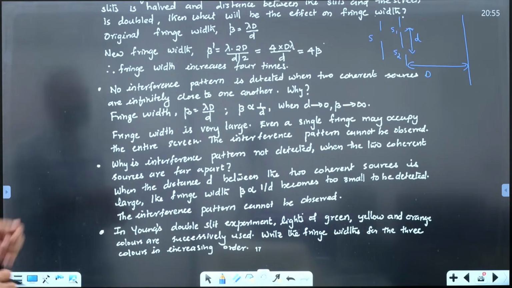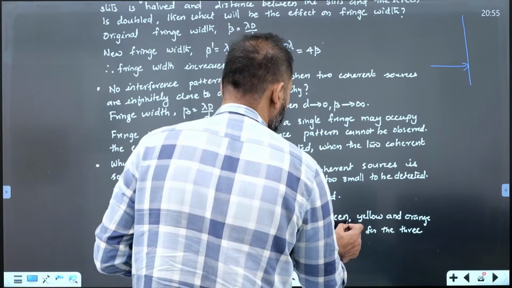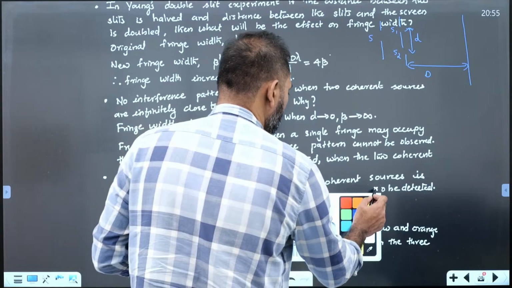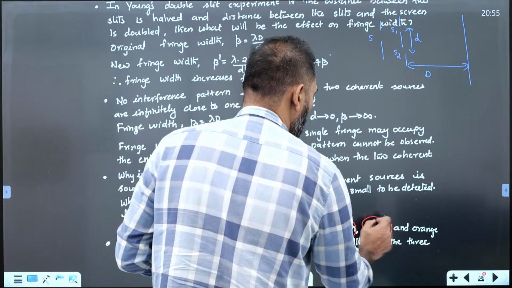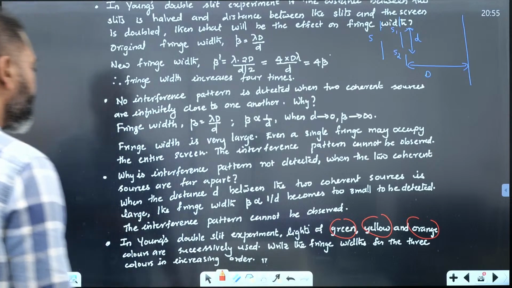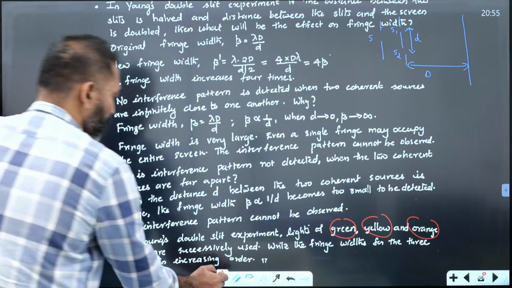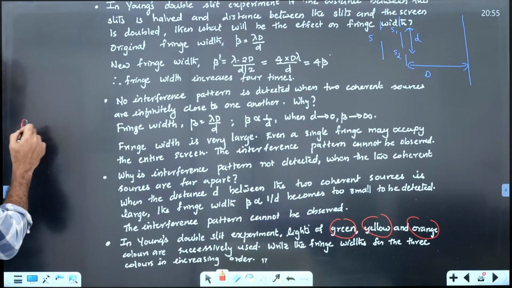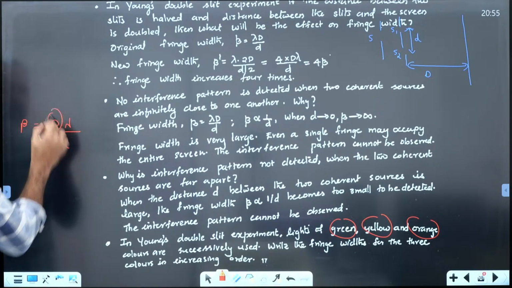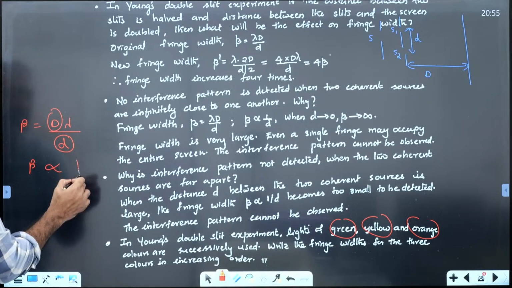In Young's double-slit experiment, light of green, yellow, and orange colors are successively used. Find the fringe width for the three colors in increasing order. Beta is equal to D lambda by d. Here capital D and small d are constant, so fringe width is directly proportional to lambda.